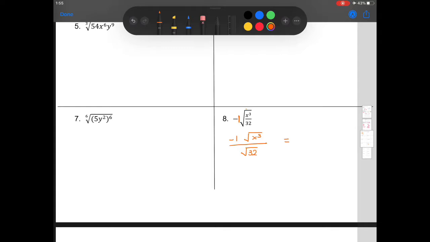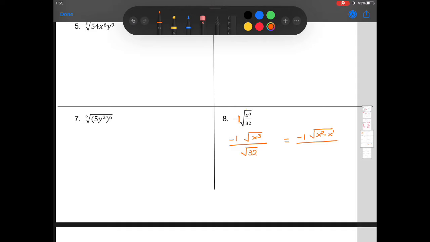So let's simplify the numerator first. The -1 just stays out. The index is what? 2, right? And your power is not a multiple of 2. This is 3. 3 is not a multiple of 2, so you're going to break it down into x squared times x to the 1st.